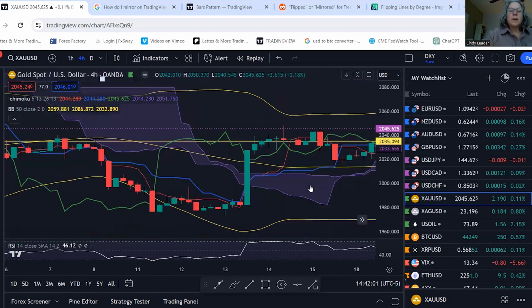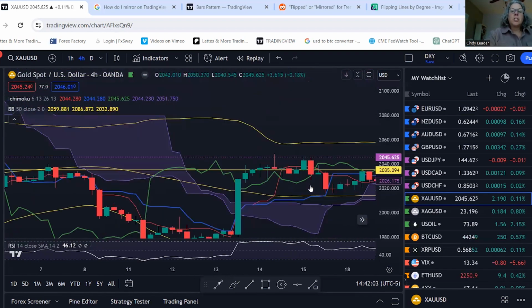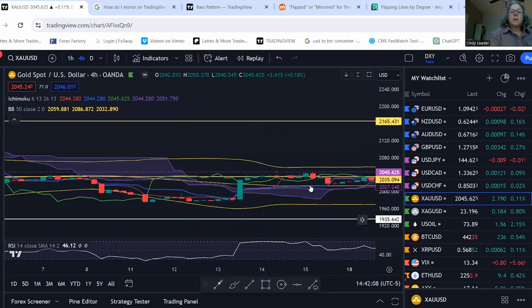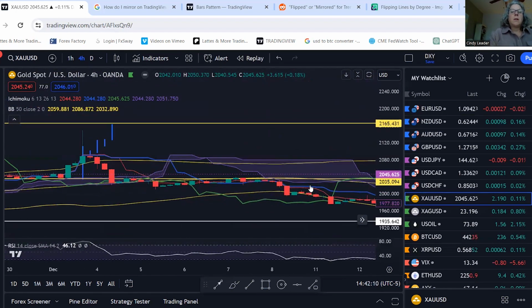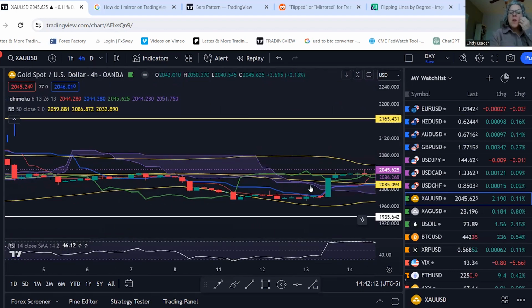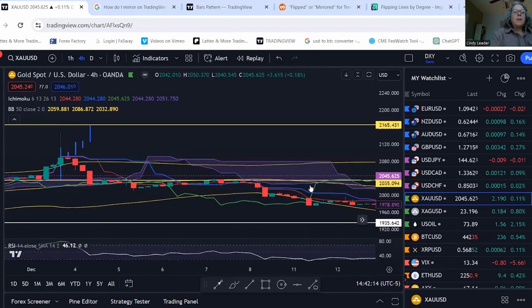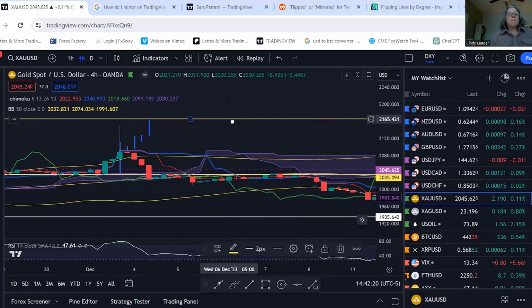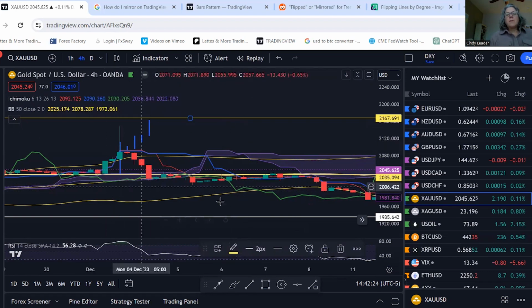Where's my other line? Where'd she go? Oh, she's way up here. What the heck? What's happening up here? Nothing. Oh, this was that high. Oh, why is it way up here? I really wanted to go to here. Oh, it flipped it. It flipped that low.